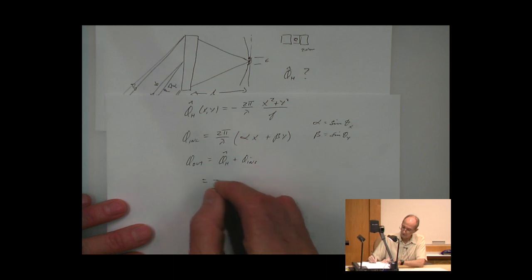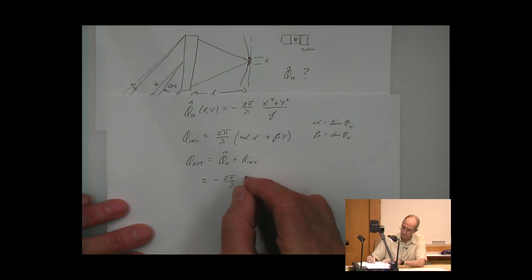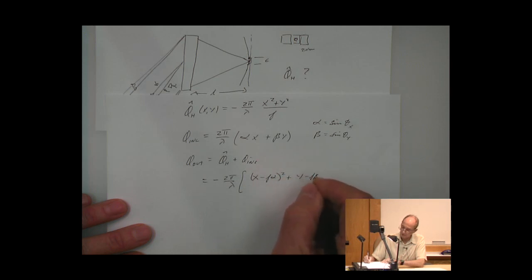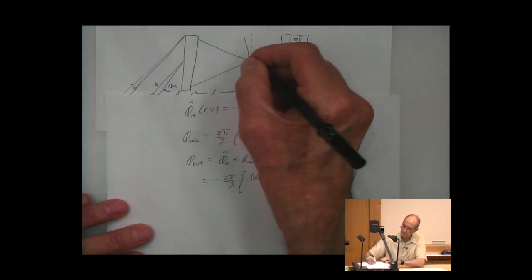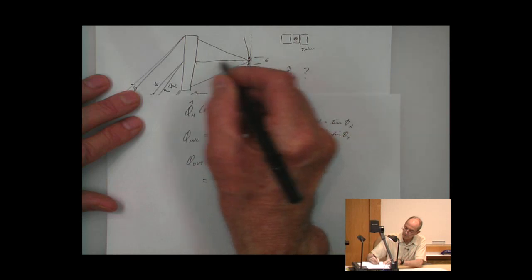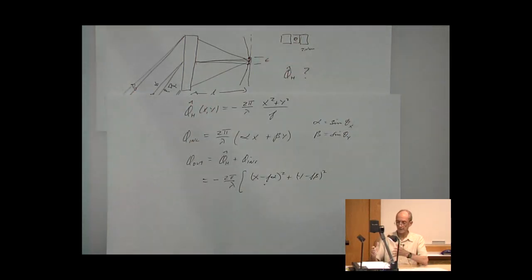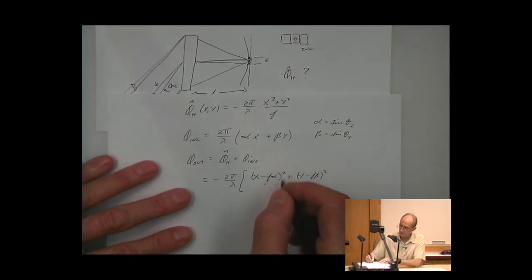And so here we'll have minus 2 pi over lambda times x minus f alpha squared plus y minus f beta squared. Right? This is just a recentered point, so we're going to be able to shift that point up and down a little bit. Because if we're using this in a system, we want to have some field of view. We just don't want it to operate at one particular point, for most applications, at least for imaging applications.